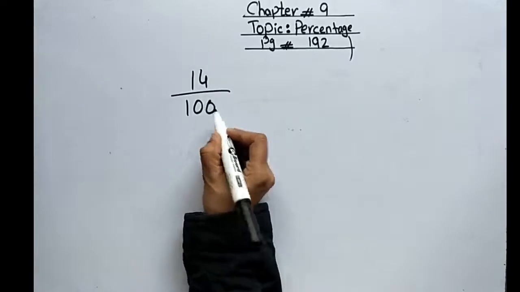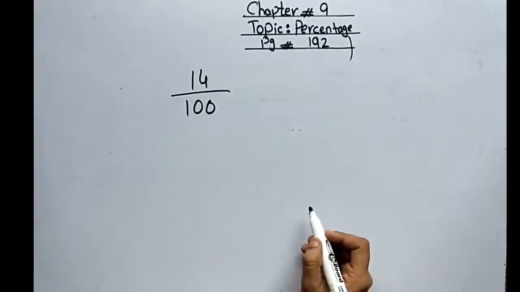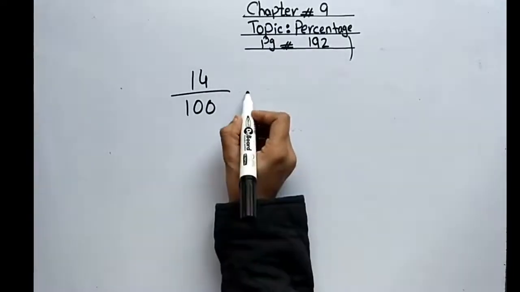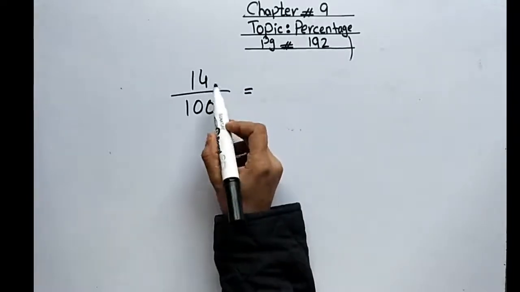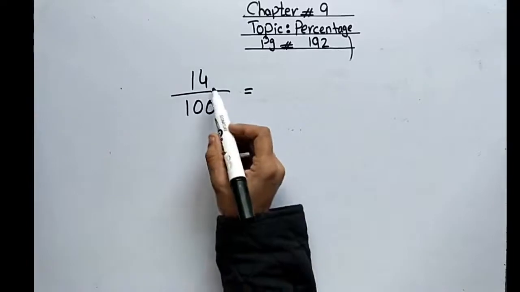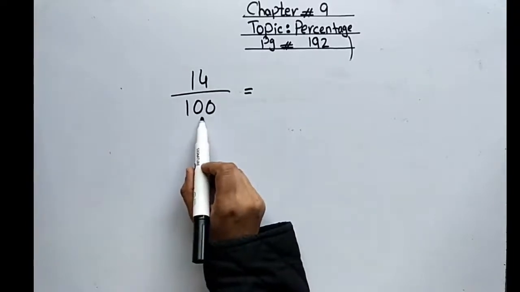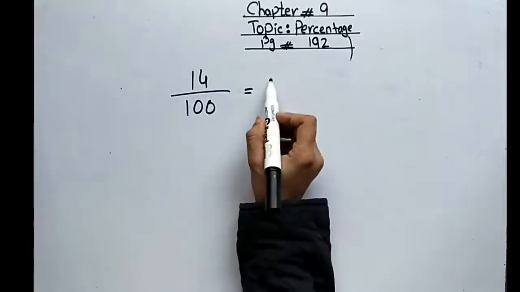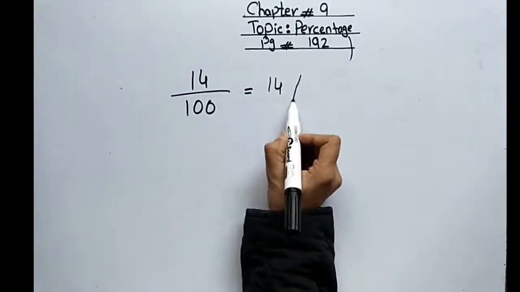How can we convert this fraction into percentage form? Simply, beta, we check that in the denominator we have 100. It means we can directly write 14% here.